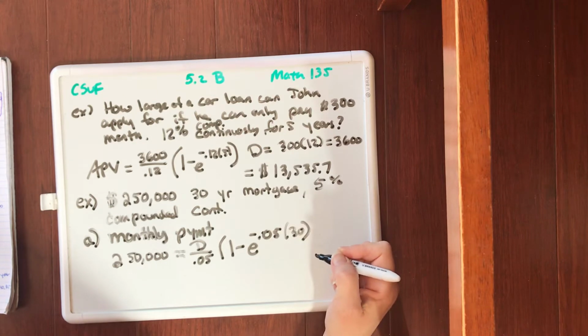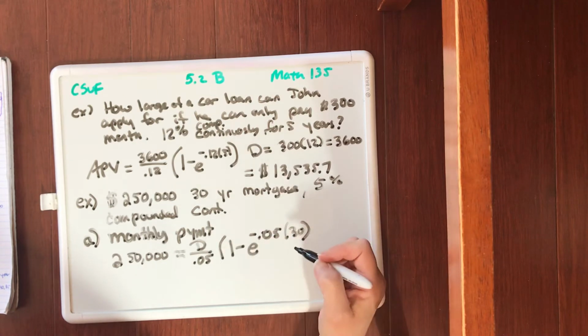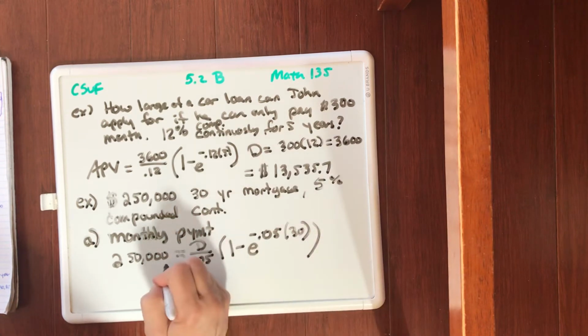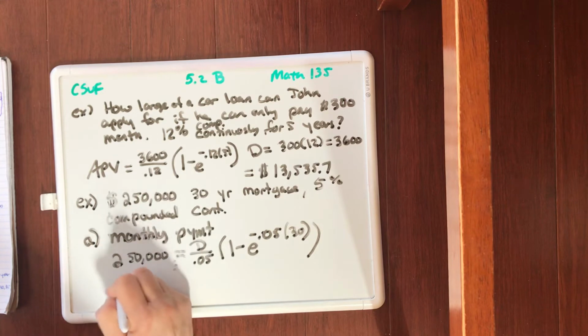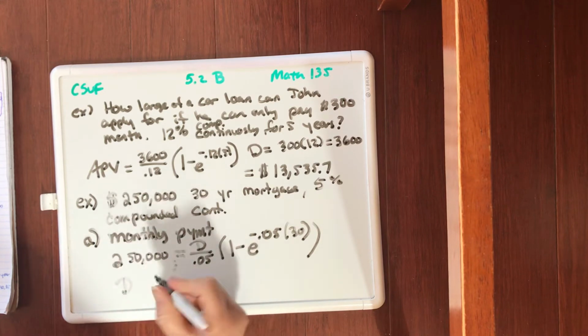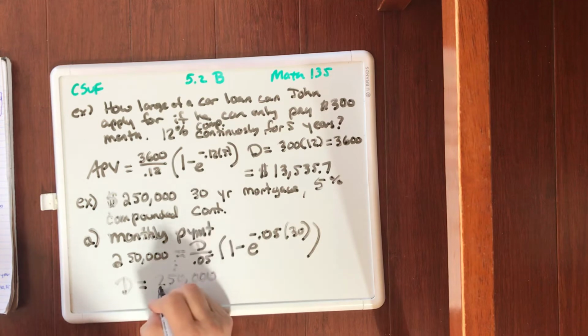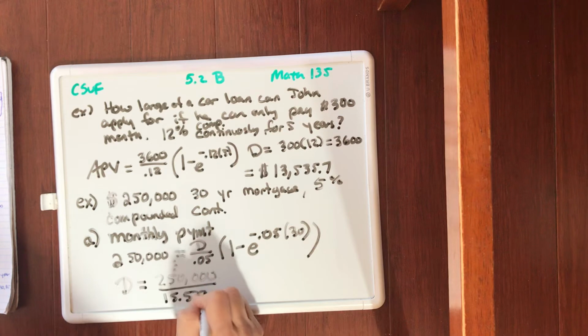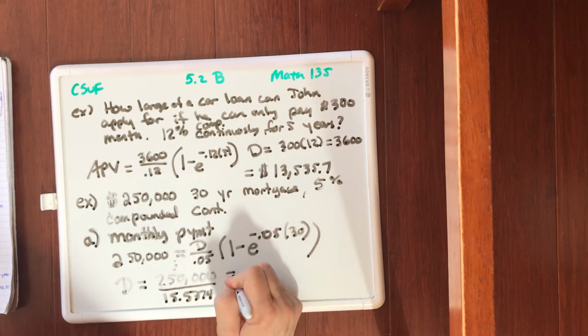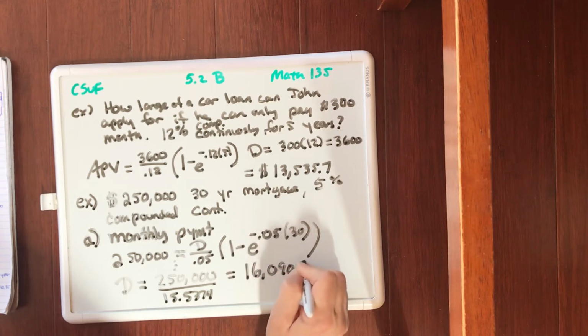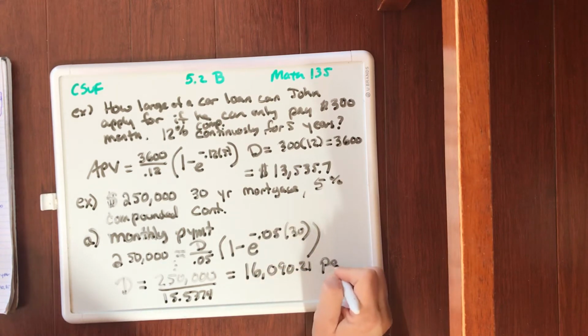Now what we're doing is we're solving for D. We all know how to do algebra, and my pen's running out. So D equals 250,000 divided by 15.5374, and that will end up being $16,090.21 per year.